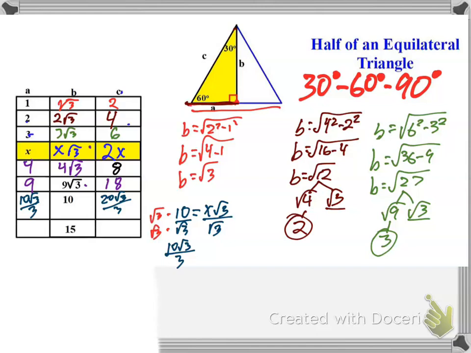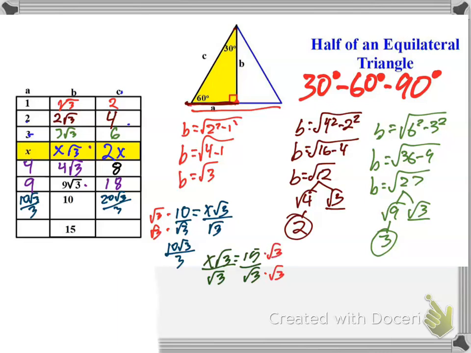What if the hypotenuse is 15? Well, same thing we did a minute ago. So let's see here. X square roots of 3 equals 15. We want to divide by the square root of 3. And so then we've got square root of 3 in the denominator. We don't like the square root in the denominator, so we're going to get that off. So times square root of 3 times square root of 3.